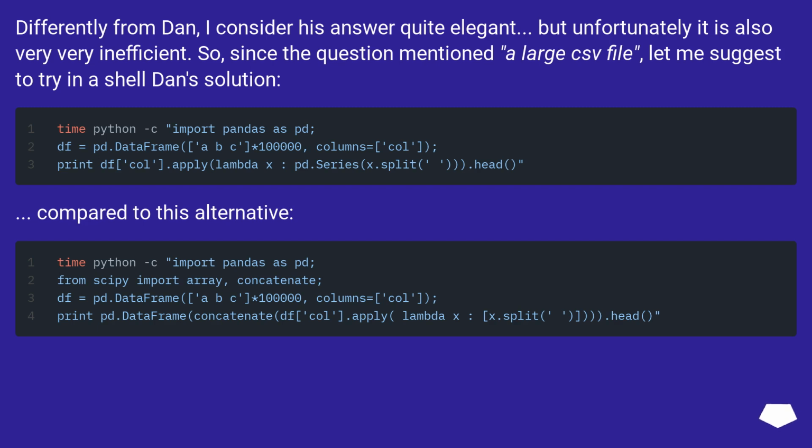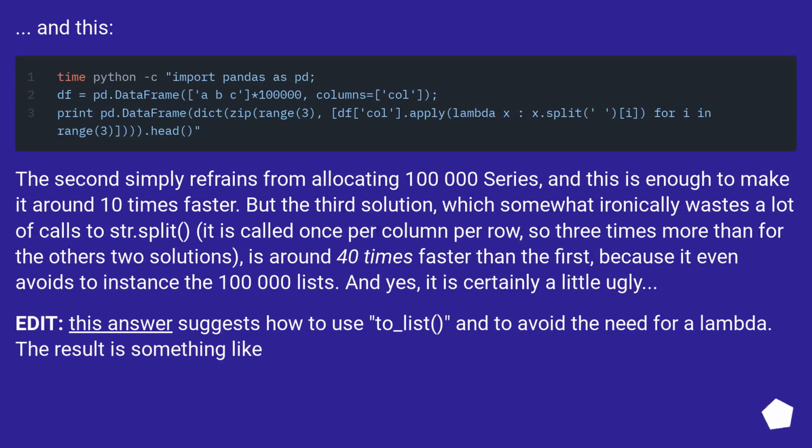Compared to this alternative, and this, the second simply refrains from allocating 100,000 series, and this is enough to make it around 10 times faster.